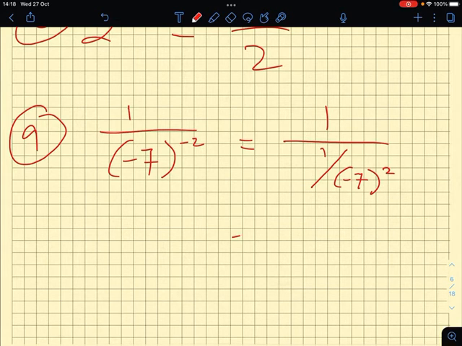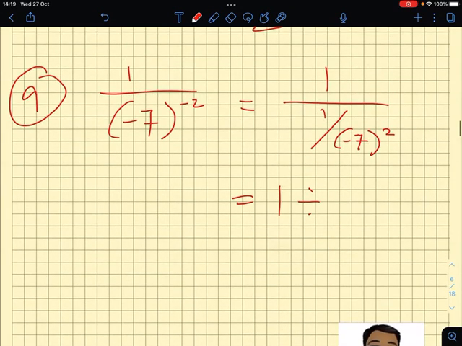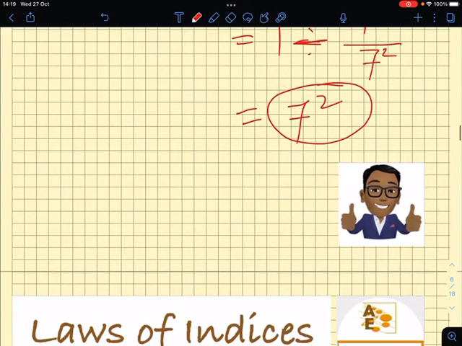You see? That means 1 divided by, where does this divide come from? This divide comes from this line. So 1 over 1 over 7 squared would be 7 squared. That's it. Alright, simple. Number 10, let's go to the next page.